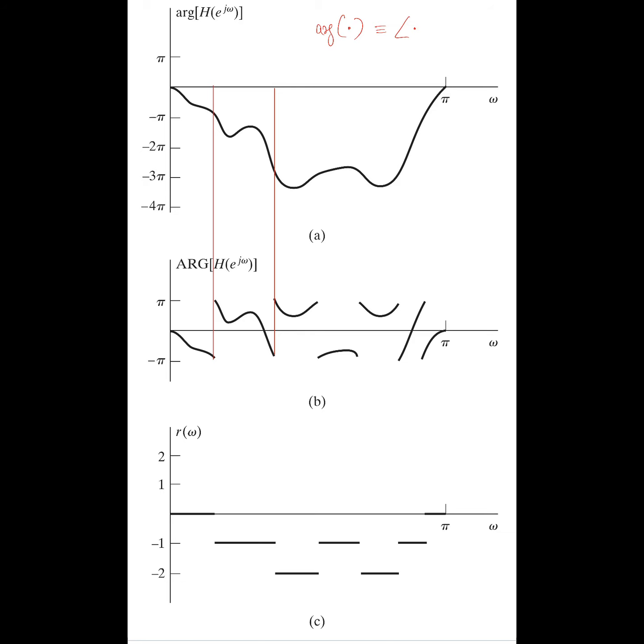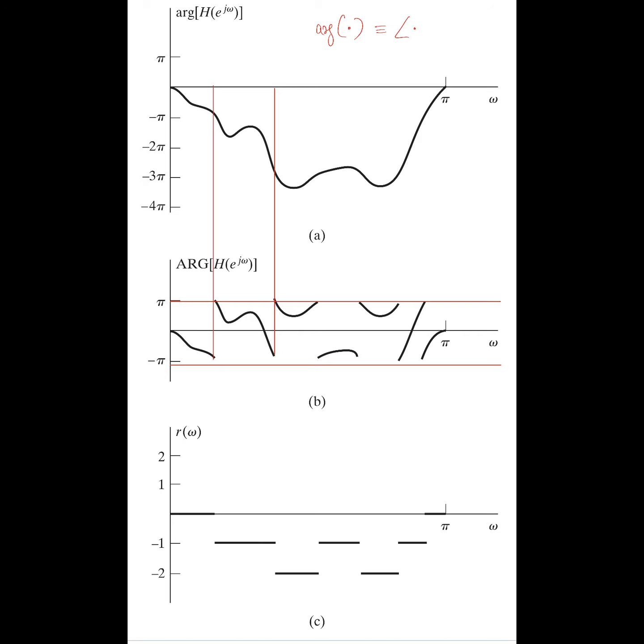So you see that everything is wrapped around minus pi and pi while computing the principal value. And if I sum this principal value and this r of omega, which is arbitrary as a function of omega but always takes an integer value, adding these two would give you this.